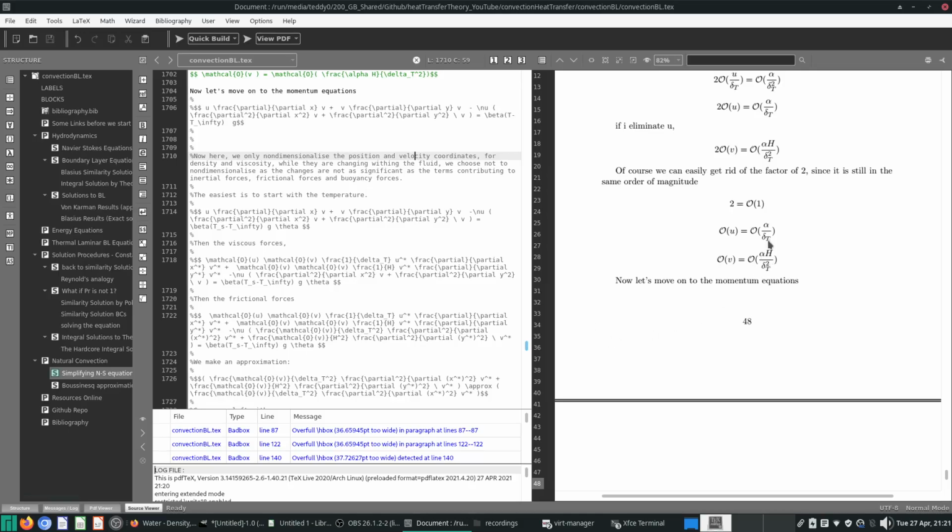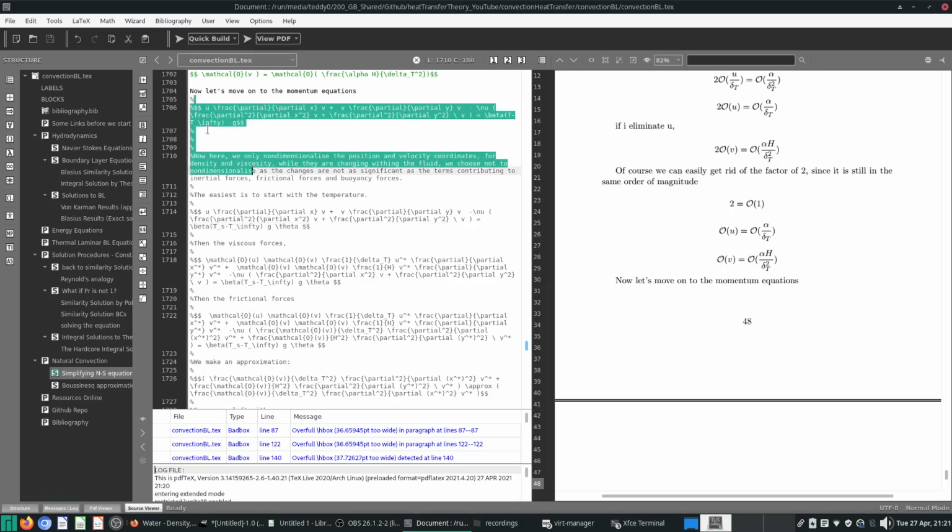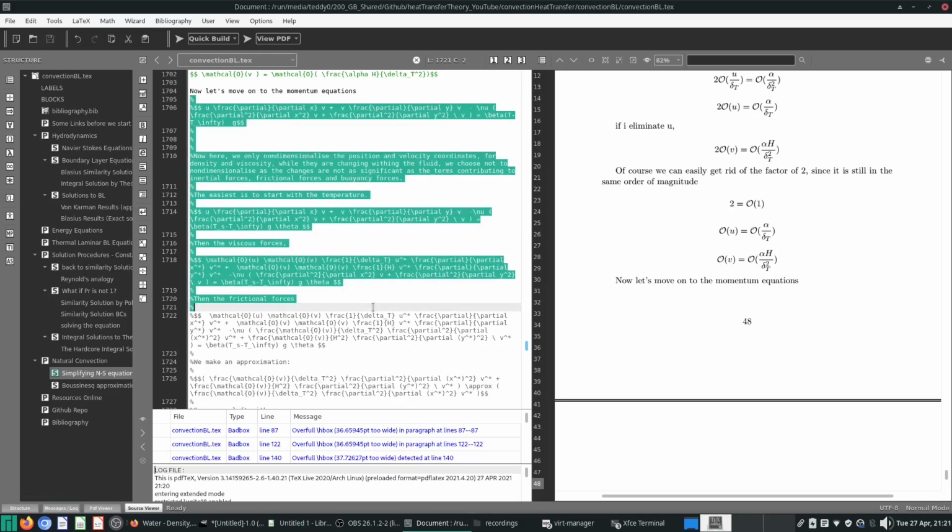The u velocity is also dependent on x and y, because of the thermal boundary layer thickness. Actually y, the vertical height. I'm not going to go into too much detail here.